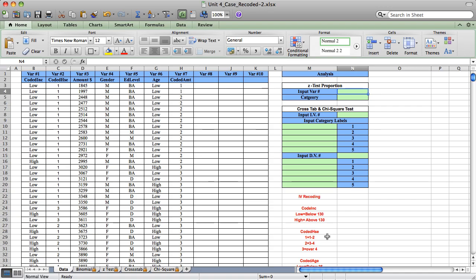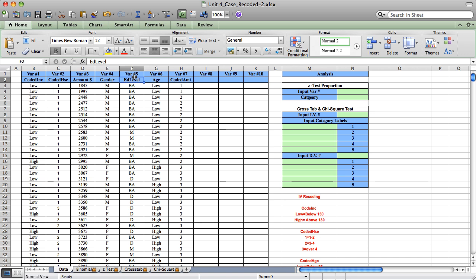Let's look at an example of a chi-square test using our Unit 4 case data. This is the Excel tool that has all of our quantitative independent variables recoded categorically. And of course, we still have gender and education level, which are already in categories.